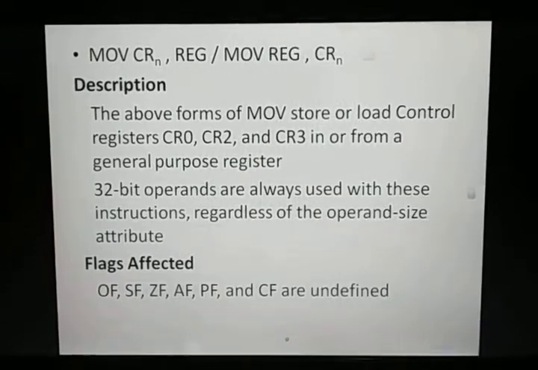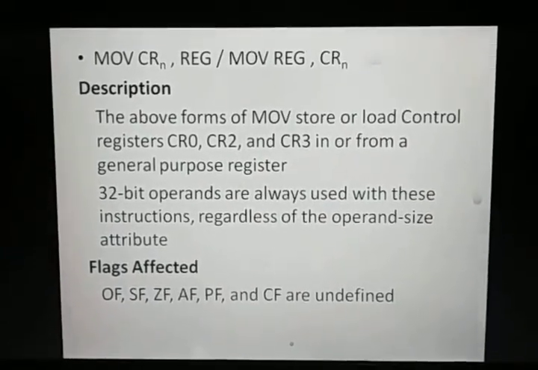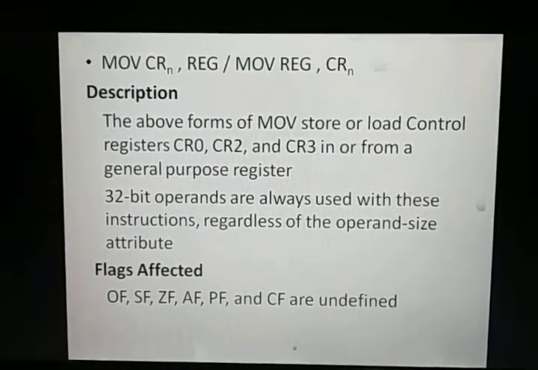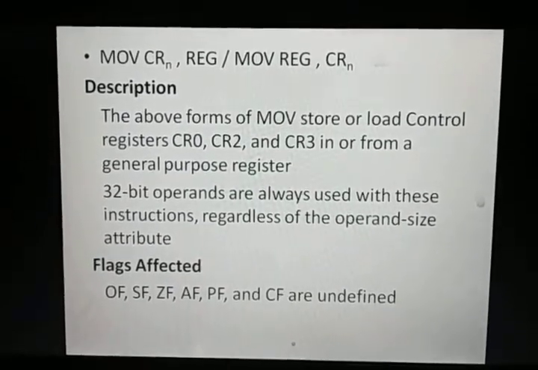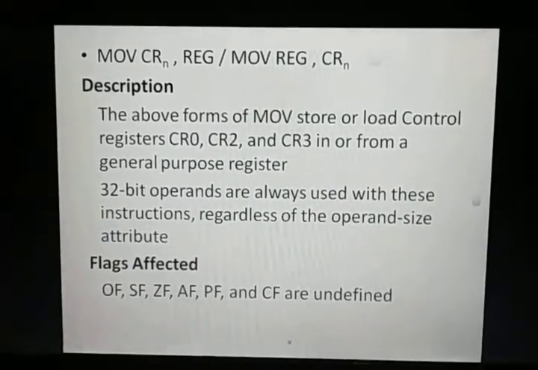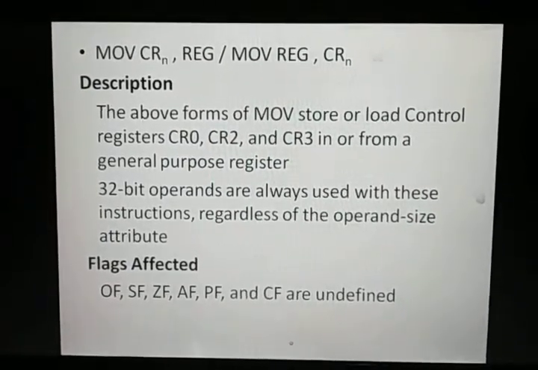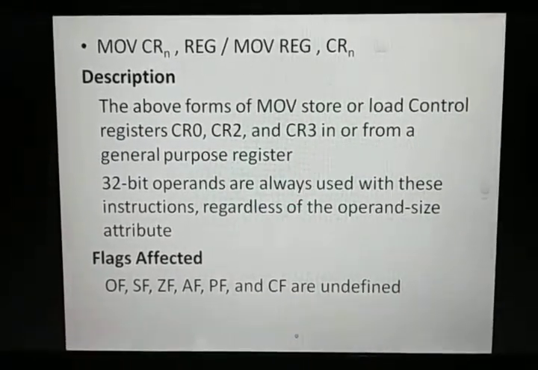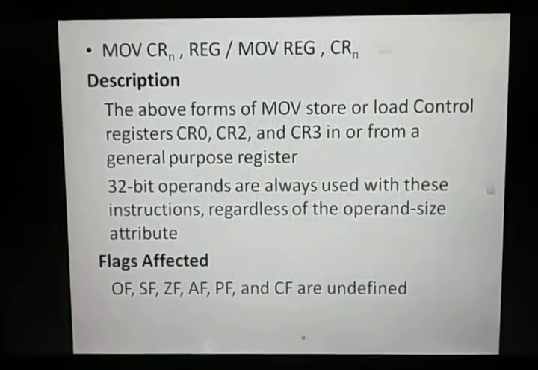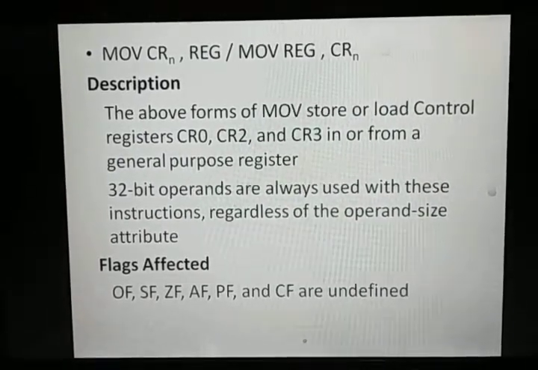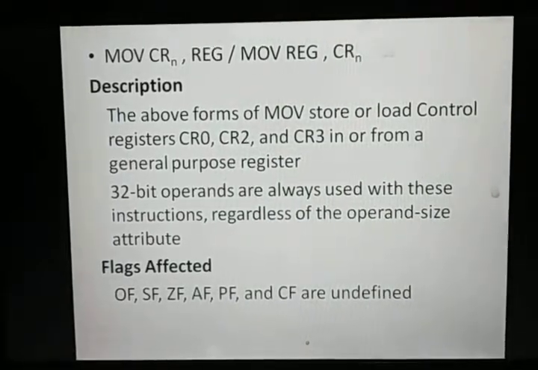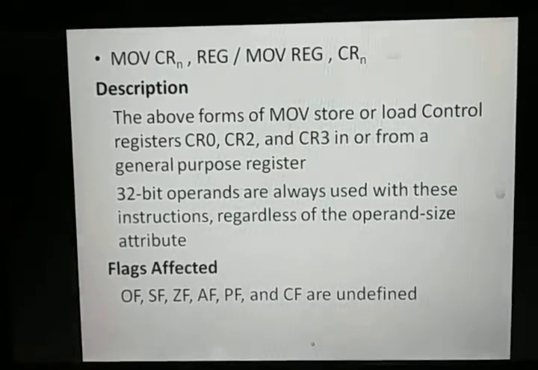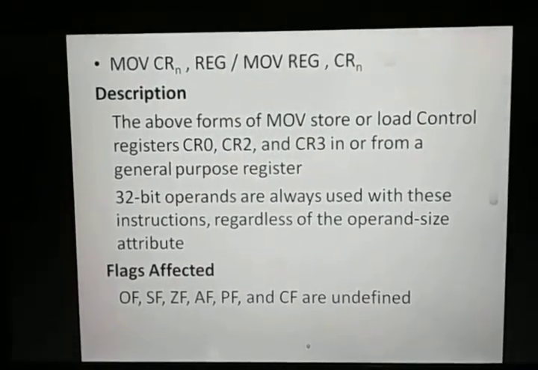Then move control register, from register to register: CRn, debug register, test register. Again, this is a privileged instruction. They have the form of move, to store or load control registers CR0, CR2 and CR3 in or from a general purpose register. So this is a privileged instruction. When you transfer data from any register to a control register, debug register or test register, or from a debug, test or control register to any register, your move instruction behaves like a privileged instruction.